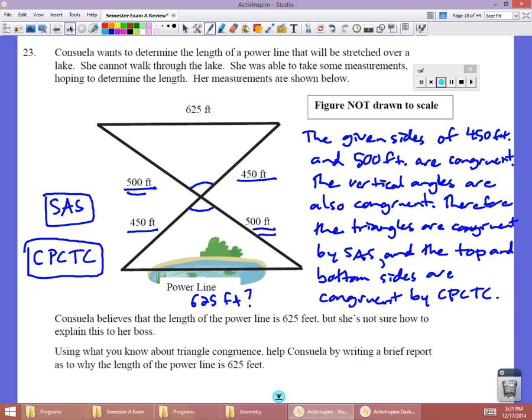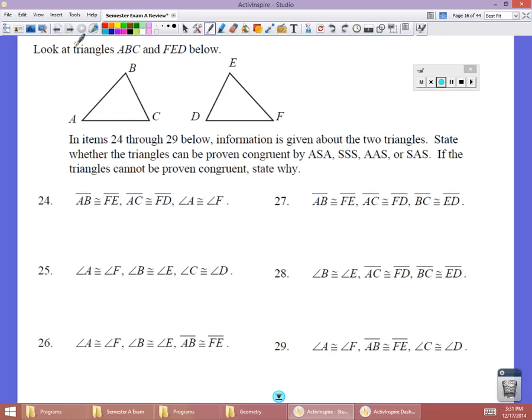Okay, moving along to problem number 24. In problem number 24, it says, state whether the triangles can be proven congruent by angle, side, side, side, angle, side, or side, angle, side. If the triangles cannot be proven congruent, state why. So again, the four they gave us are all going to work.